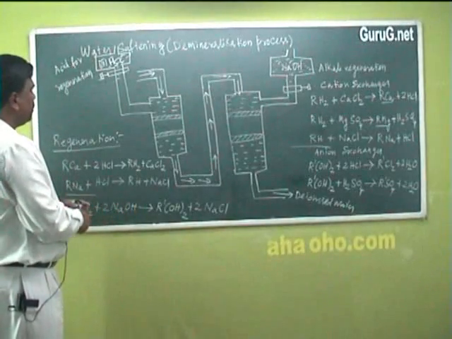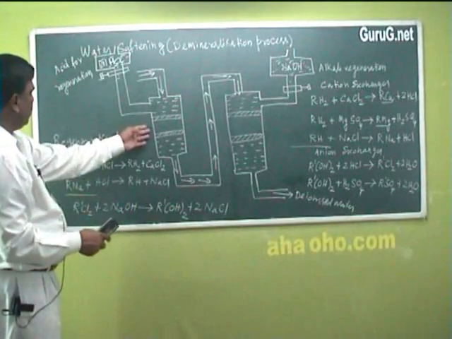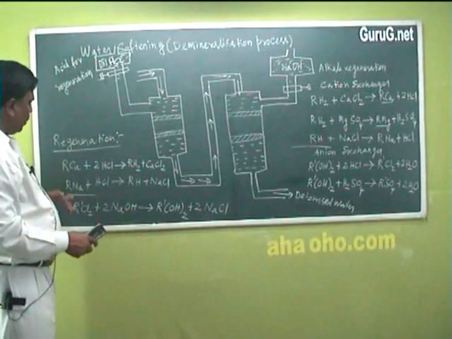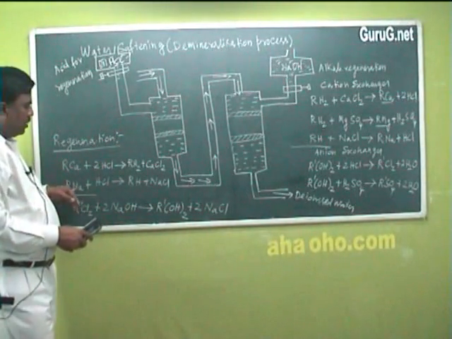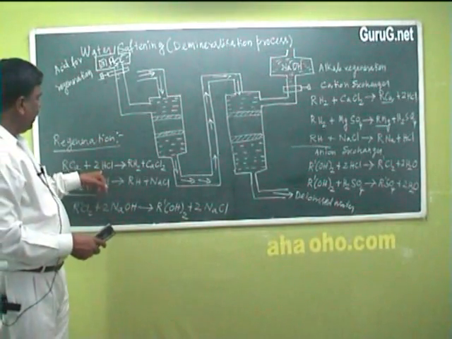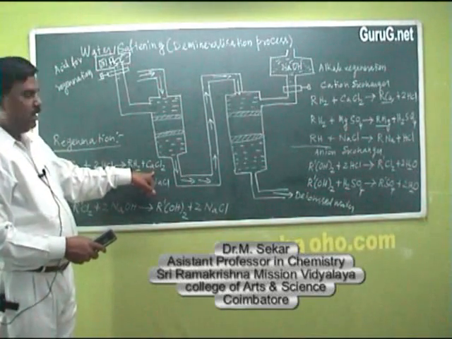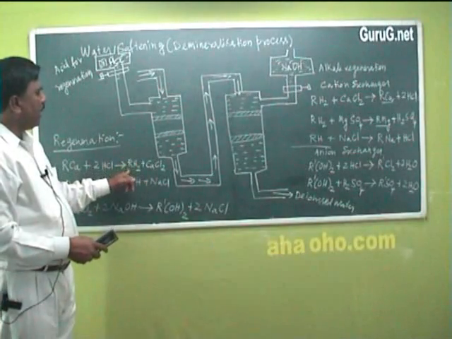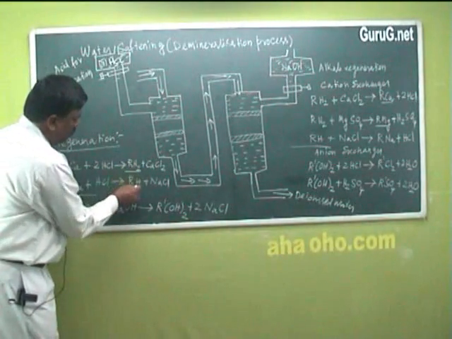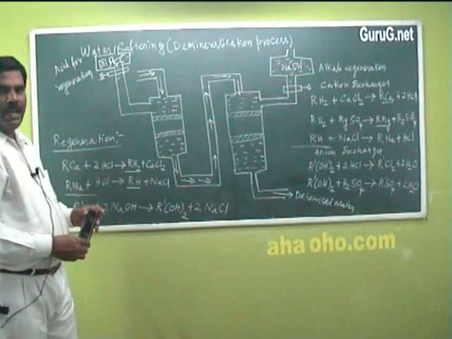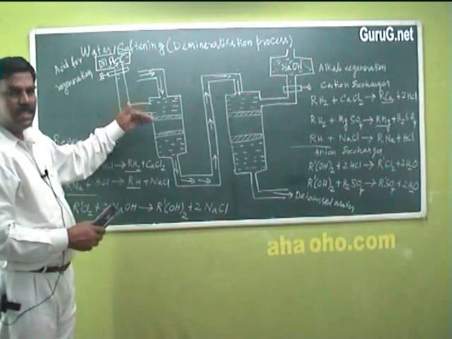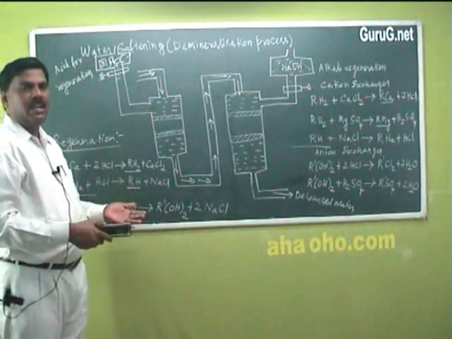For the reaction, how to regenerate the cation exchanger? The calcium salt and the sodium salt of the resin are treated with HCl. This again forms RH2 plus calcium chloride. So RH2 and RH are used as the cation exchanger. Again this column gets regenerated and is filled with cation exchanger.